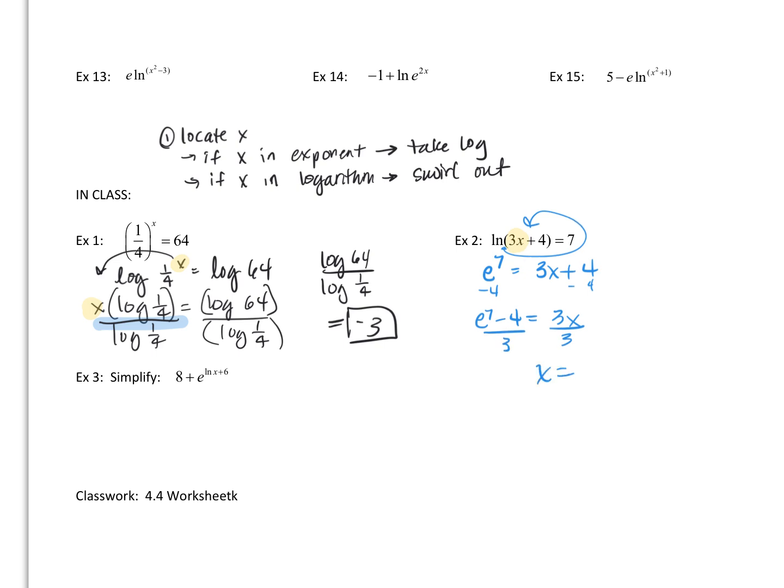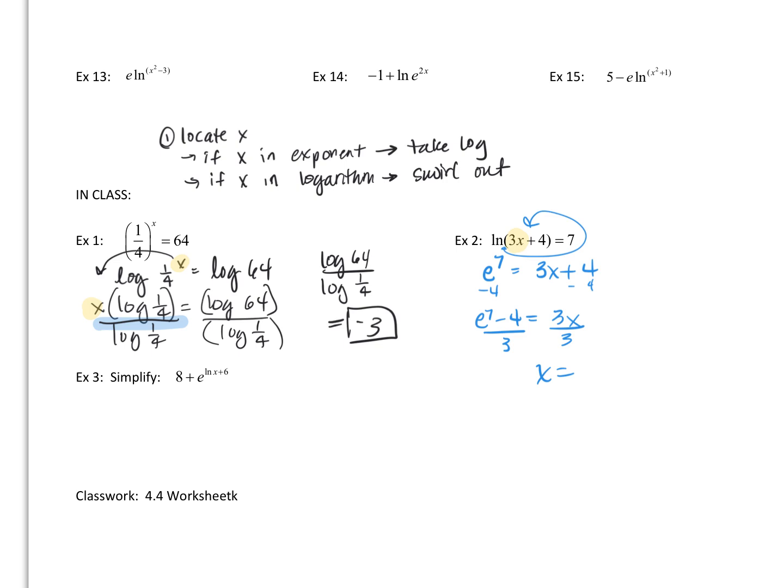So, what's that going to look like in my calculator? Here's what I would do: second and ln, which gives me e to a power. I want e to the 7th minus 4, and I get some big old number. Don't round your number yet. Just leave it.